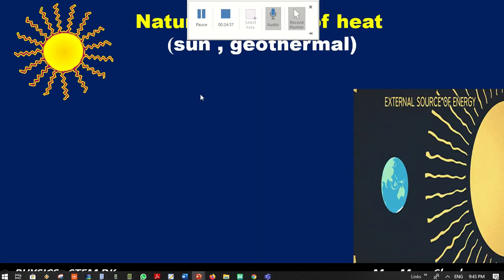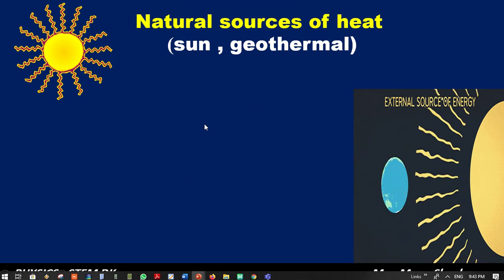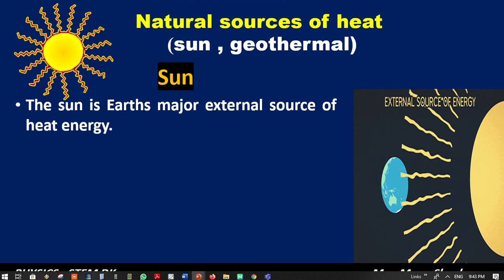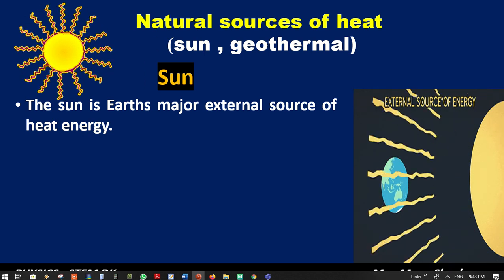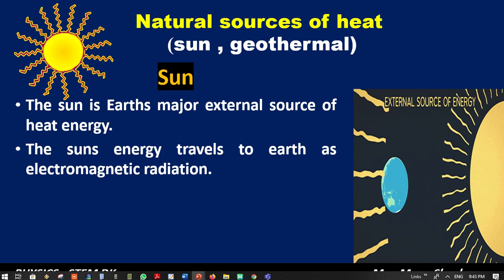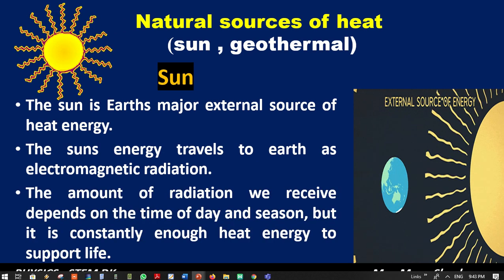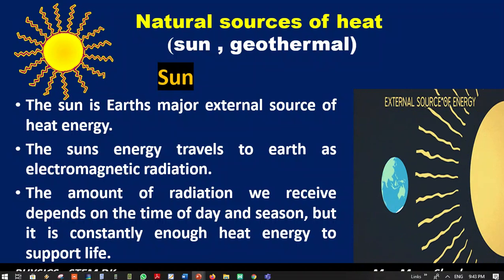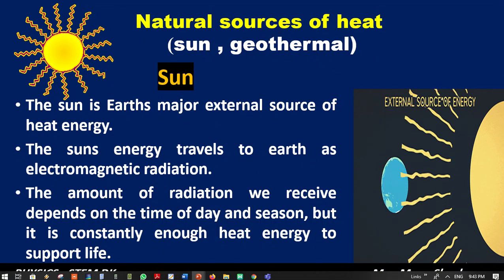Okay, we go to the natural sources of heat. The first one is the sun, and the second is geothermal energy. The sun is a major external source of heat energy. Its energy travels to the Earth as electromagnetic radiation, and the amount of this radiation depends on the time of the day and season, but it is constant enough to be stored.